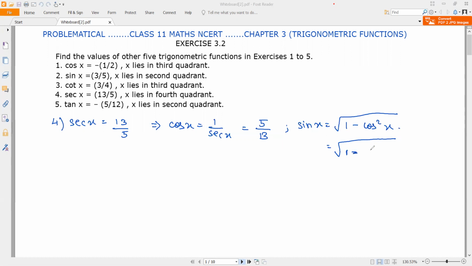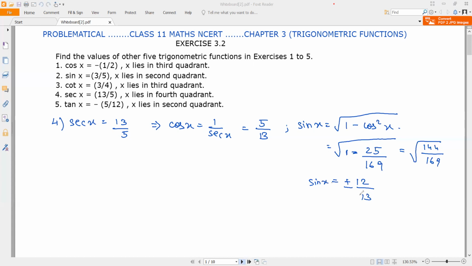Cos x is 5 upon 13, so cos square x is 25 upon 169. 169 minus 25 will give you 144, and this will be root of 144 upon 169. This is plus minus 12 upon 13. This is the value of sin x.